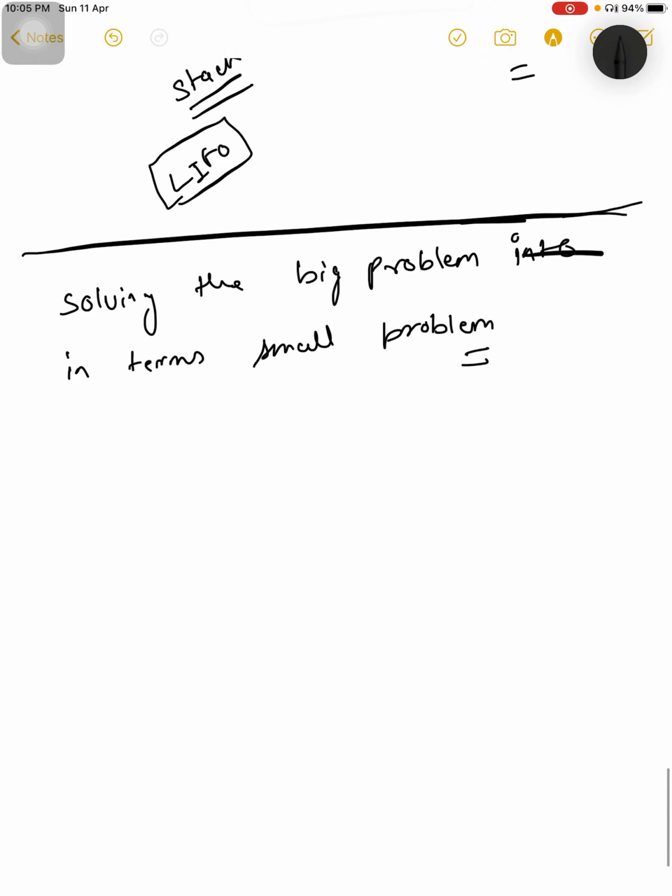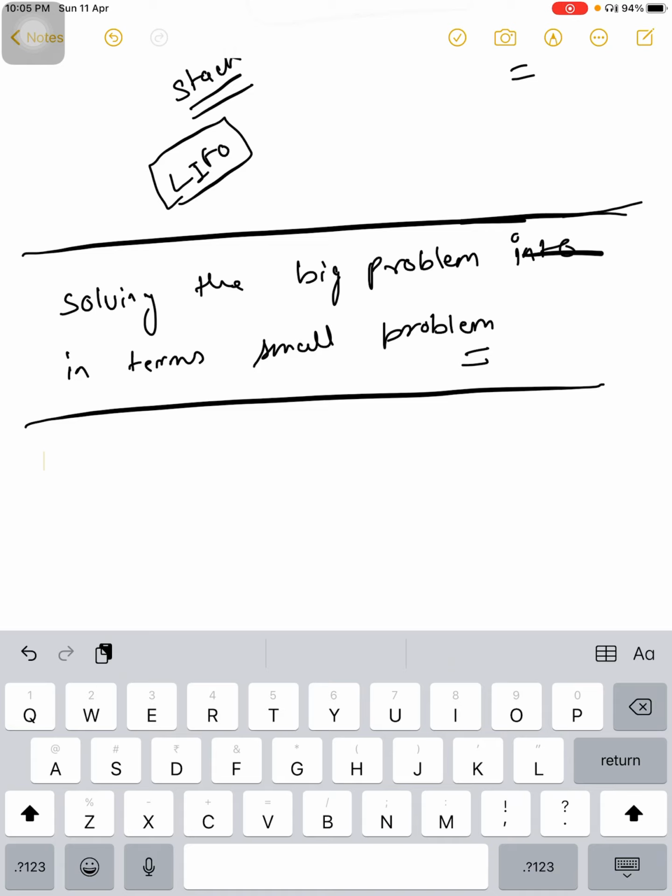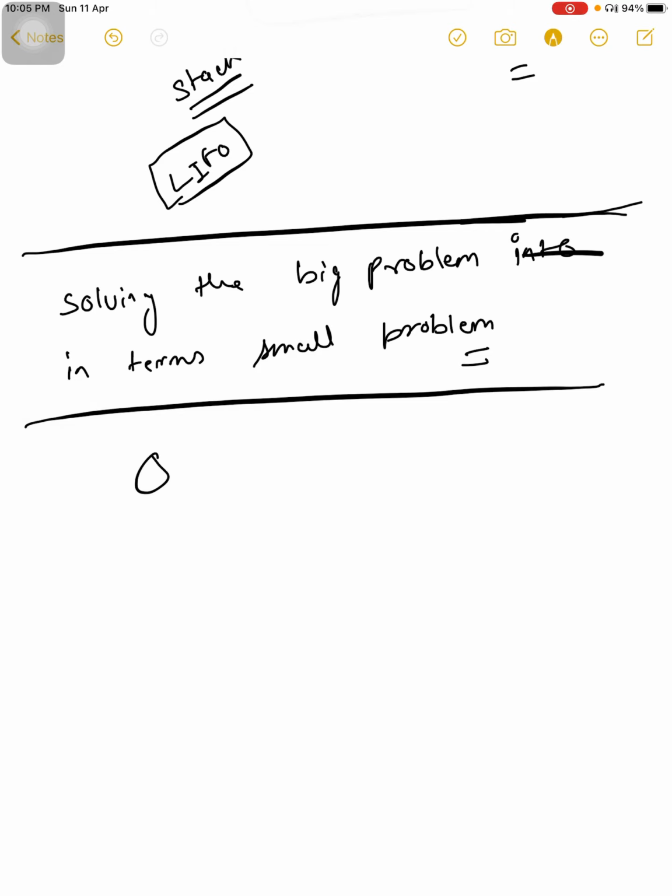And one more thing, the space complexity for the recursive program is order of n for the stack space. We can also write the recurrence relation for the above program.